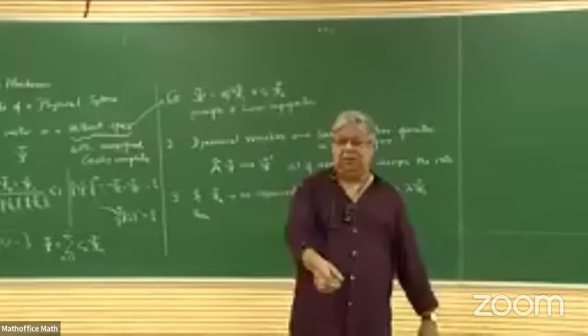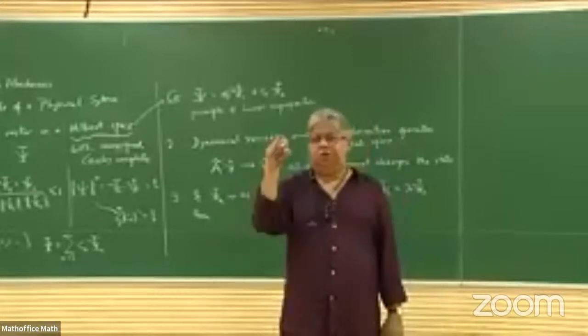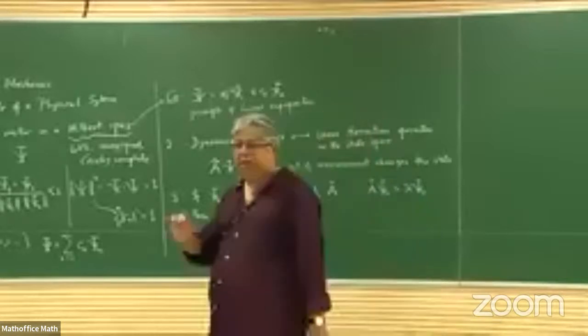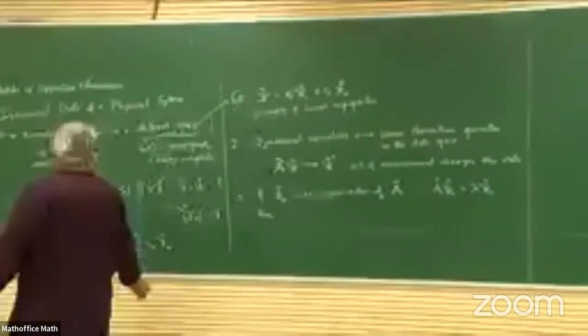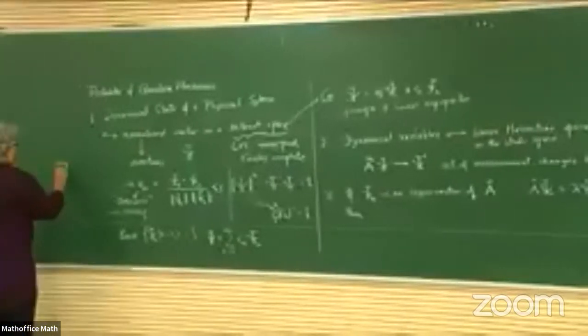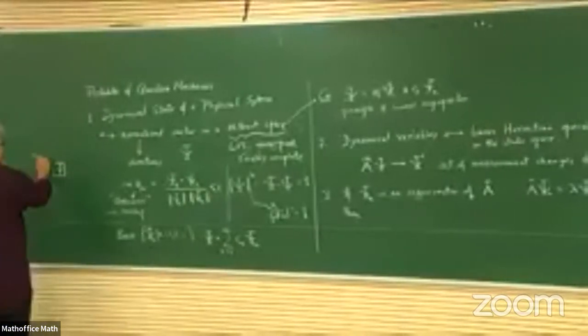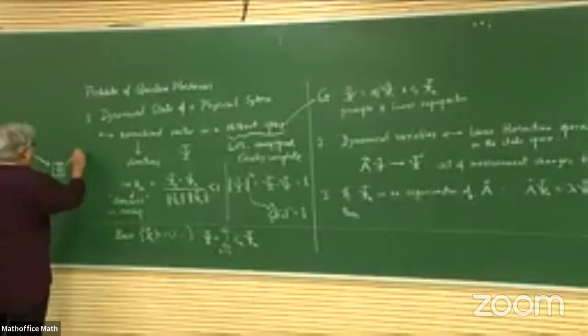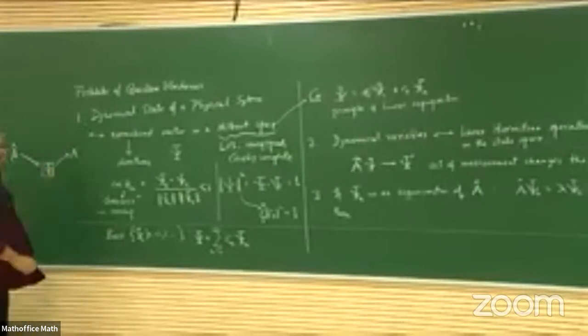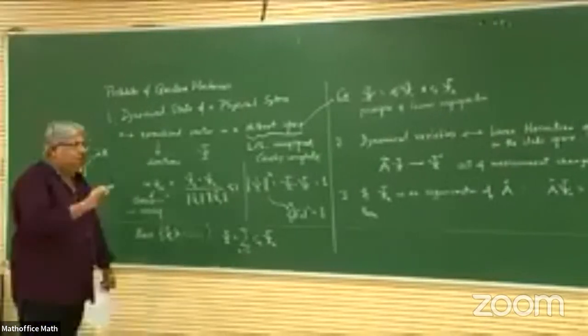And the dynamical variable is something by which you pull out information about a particular variable which you identify with. That's the picture. So if you like, here is my system, and you apply A, and out pops some measurement. Let's say A.